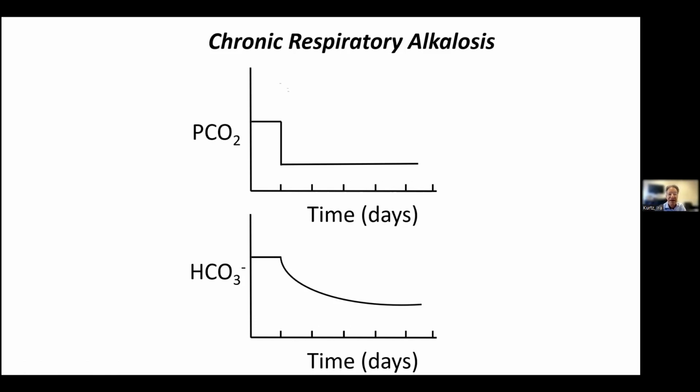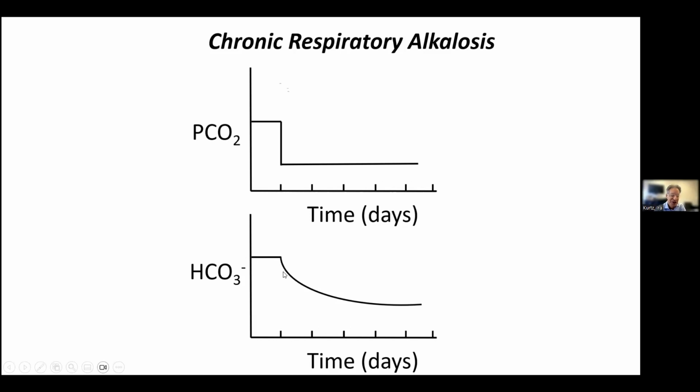The kidney generates new bicarbonate above what it reclaims, above what it resorbs from the glomerular filtrate. It generates additional bicarbonate that matches that daily hepatic proton load. And it looks like that generation is shut off when you drop the PCO2. We'll talk about why that might be occurring at another time.